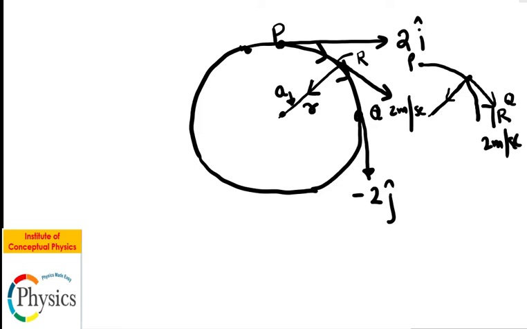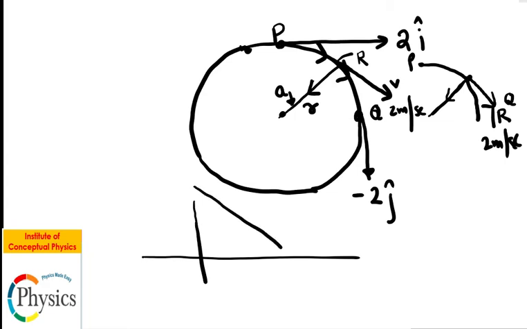Now, if you have to find the acceleration here, the acceleration is perpendicular to this velocity. So what you do is you first find the components of this velocity. So if I were to draw the components of this velocity, it would act as a tangent. If I just draw it like this, it will look like this.